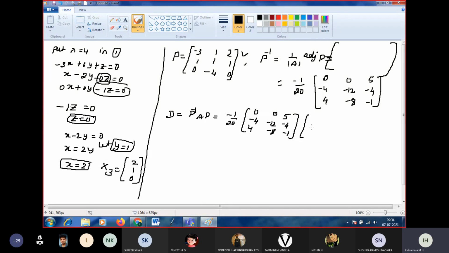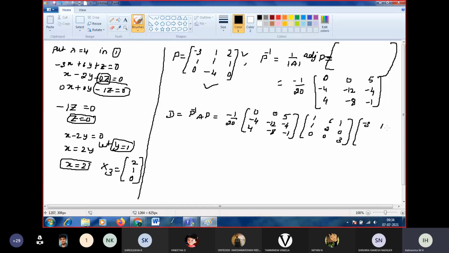It is 1, 6, 1, 1, 2, 0, 0, 0, 3. This is matrix A into P.